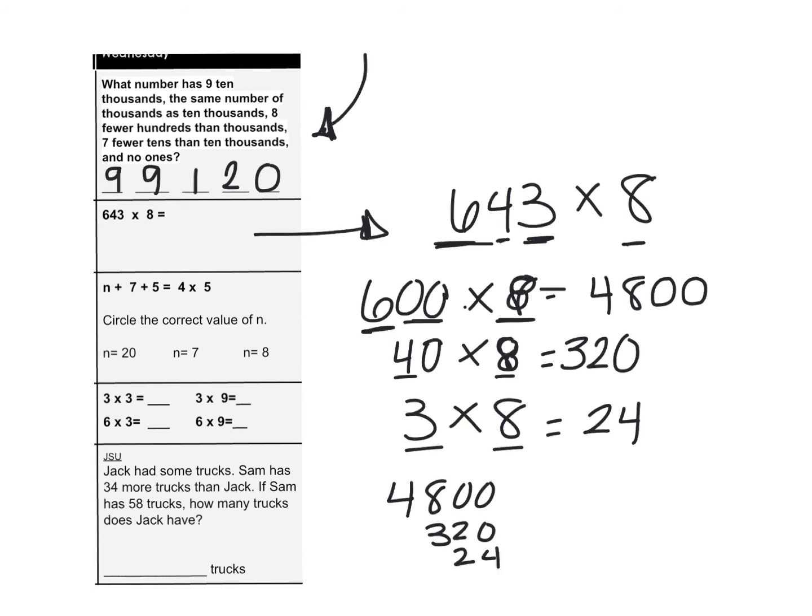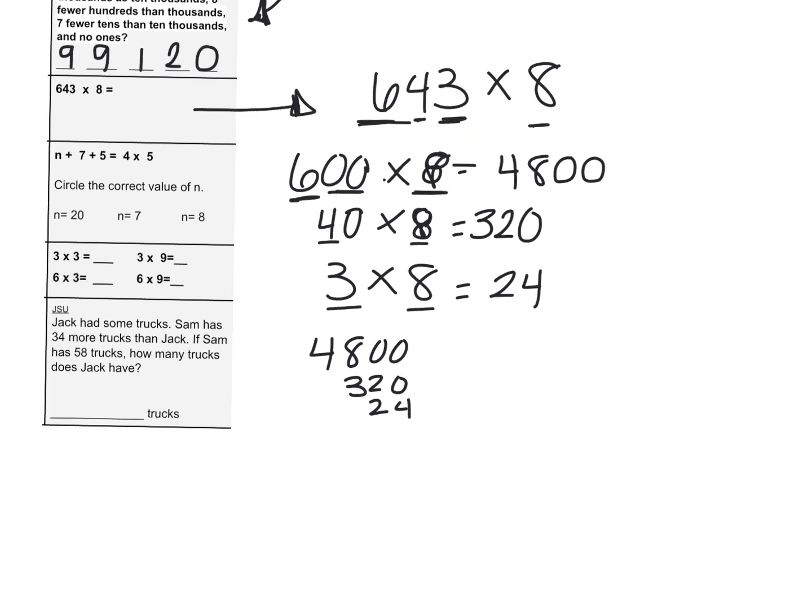If I need to add this all together, I can see I have 4,000s, but I have a problem here. I see that I have 800 and 320, and that might be a little bit tricky, so it might be hard for me to add it that way.